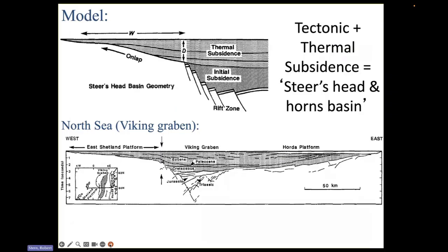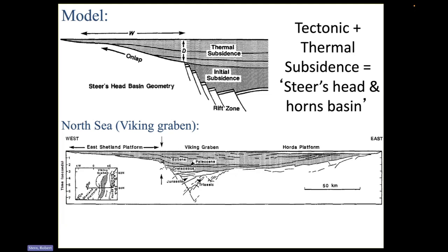And here is the model, the idea for the Steerheads Basin. Maybe this looks a little bit more like a steerhead than the previous ones I showed you. This idea of how subsidence occurs in sedimentary basins was worked out by a very famous tectonics person, Dan McKenzie, to try and understand what was going on in the North Sea province.